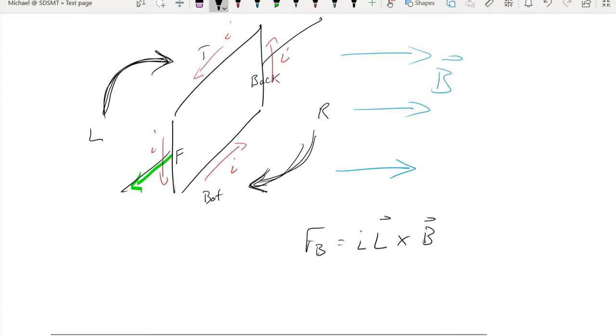We said that this pivot was rotating in a clockwise fashion, but if we start pulling along the pivot point, that's not going to contribute to any rotation. Likewise, for the back leg of the coil, we have our current traveling up. Magnetic field is to the right. There will be a force acting on the back leg, but it will be pulling in the other direction along the pivot point. So we're still not getting any contribution to rotation from the front and back legs. And if you're not quite convinced of that, try applying those forces to the torque expression.